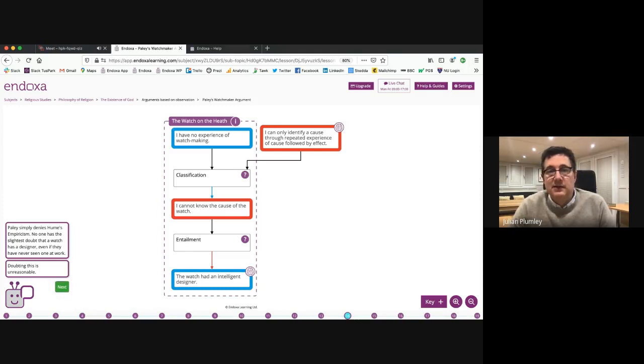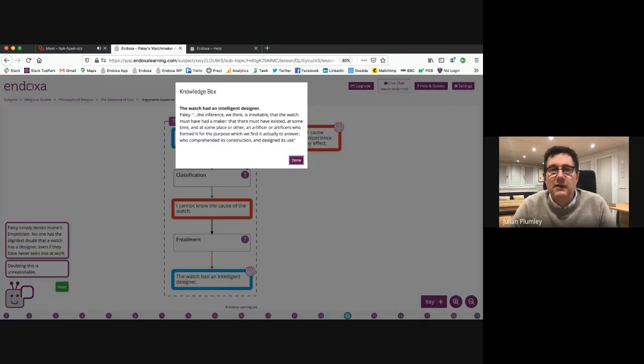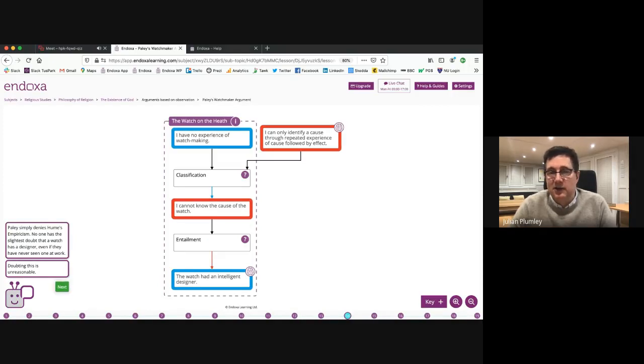What he says is that no one would not believe that the watch had a designer, and that it's not necessary to know how something is designed in detail in order to think that.